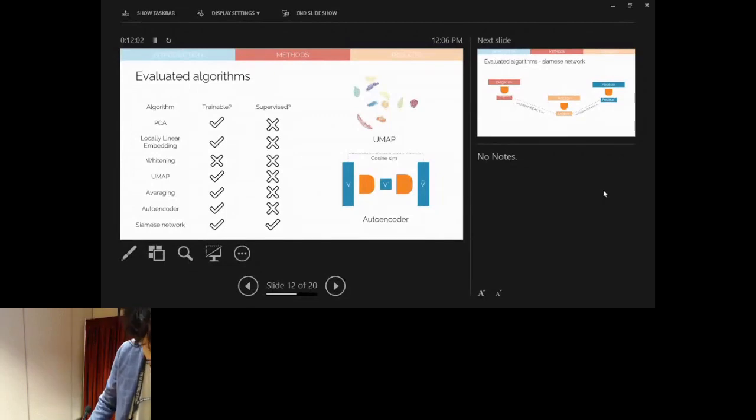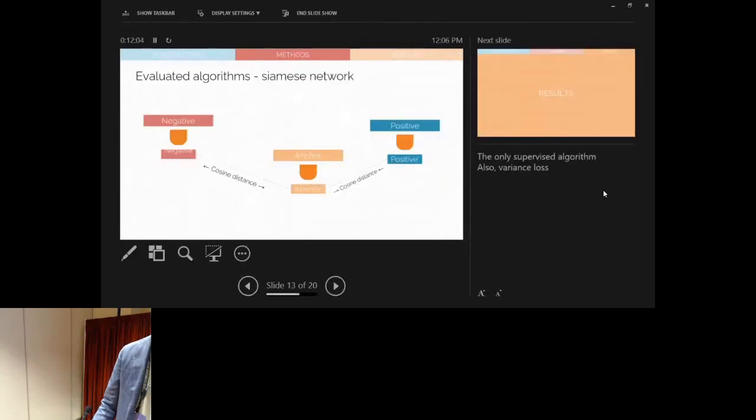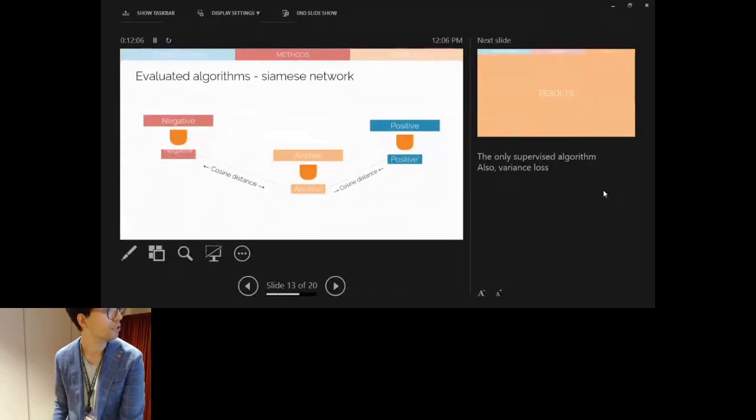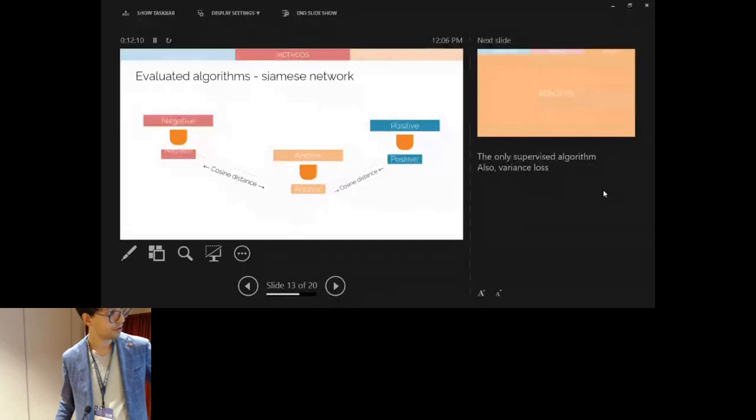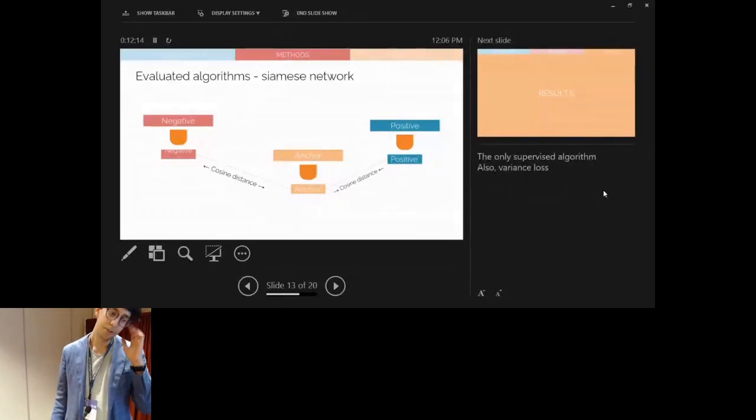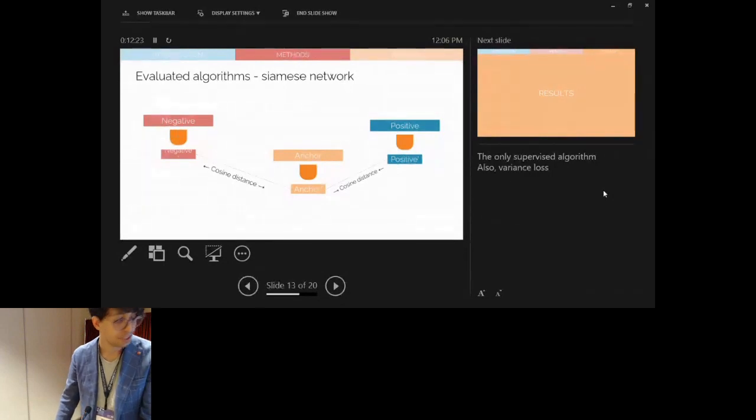And the Siamese network is also a commonly used setting, and this is the only supervised algorithm of the bunch. We take the triplets from the MS MARCO dataset and we train the network so that the dimensionality reduced embedding of the anchor is closer to the positive sample than to the negative.